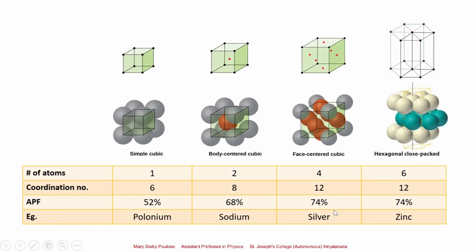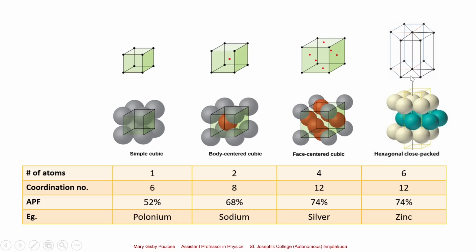Now, comparing these different unit cells, we have the simple cubic unit cell, the body-centered cubic unit cell, the face-centered cubic unit cell, and the hexagonal close packed unit cell.